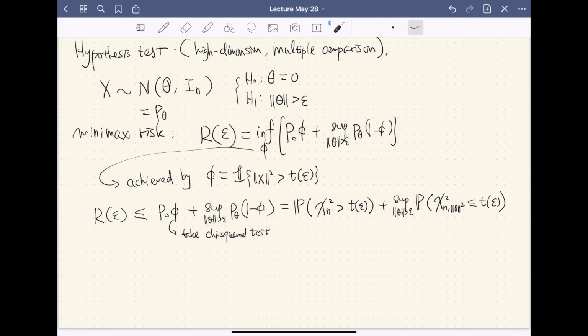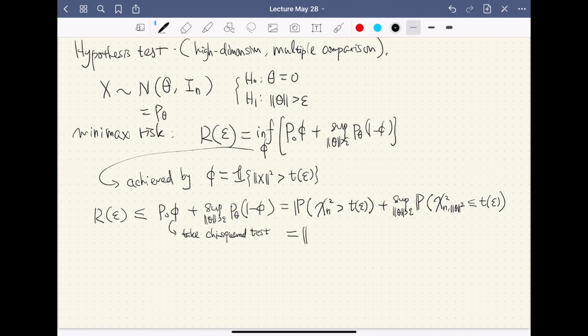Okay? Now, this probability is going to be a monotone function of theta, right? Therefore, when you take sup over theta, the norm of theta greater than epsilon, the worst case is achieved at the norm of theta equals epsilon.